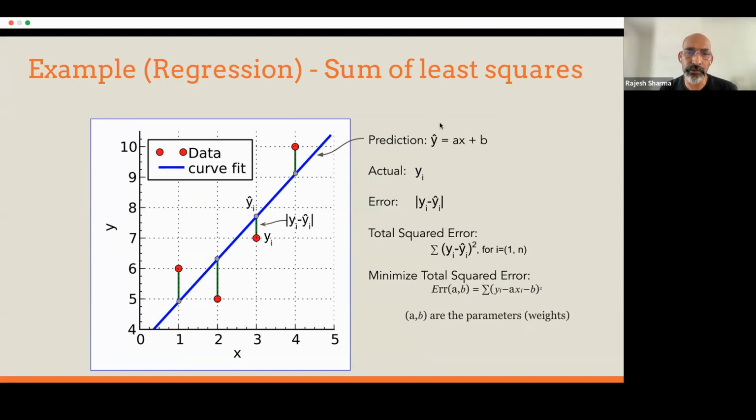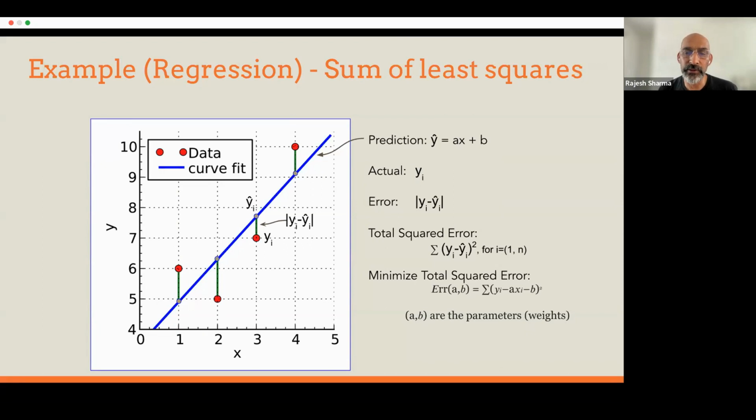Assuming it's a straight line, because it's a linear regression, we say that the equation of the straight line is ax plus b, and the actual data points are all the yi's, and you can find the error by taking the difference between the two. What you normally do in sum of least squares is you take the square of those differences and sum it over all the data points, and then you try to minimize that squared error.